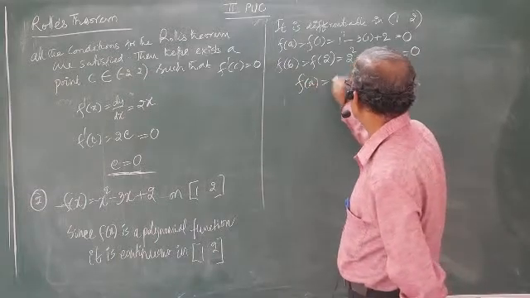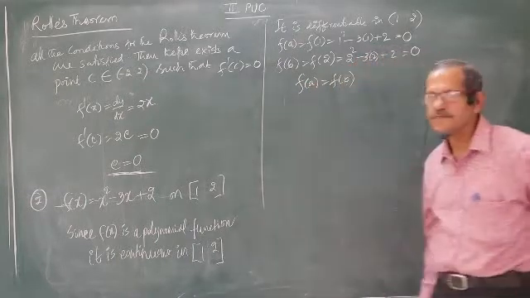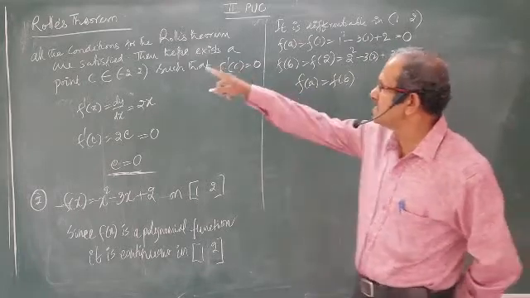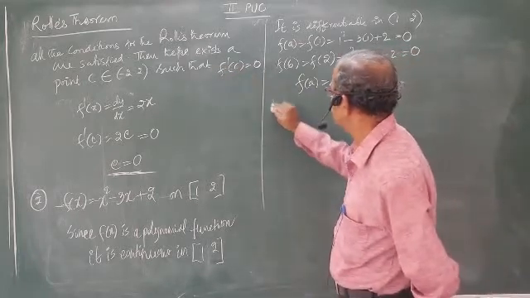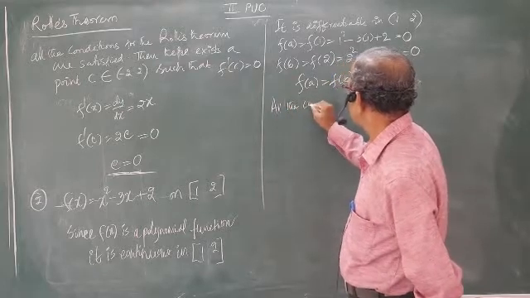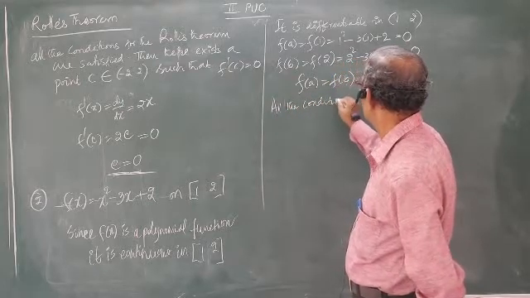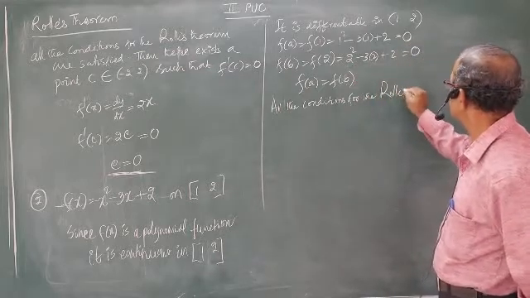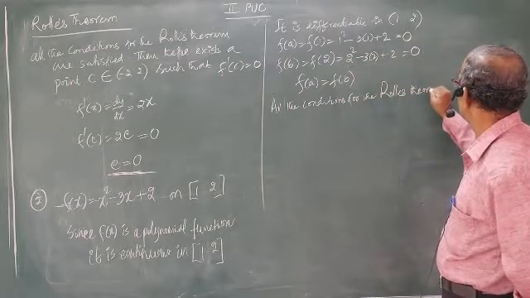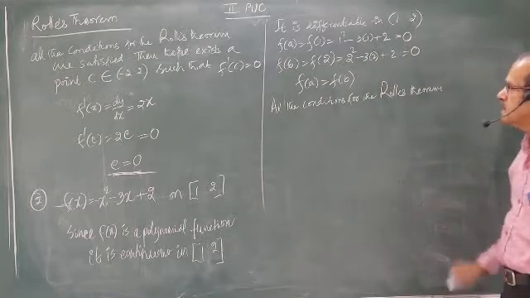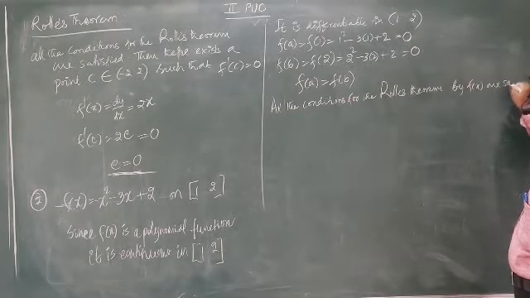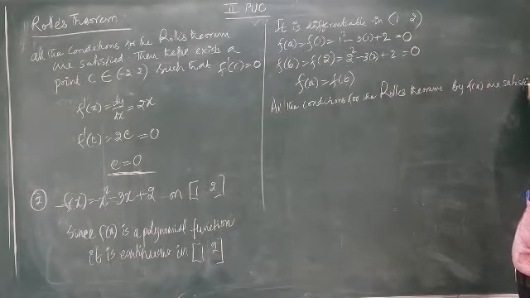Clearly f of A equal to f of B. All the conditions for the Rolle's theorem are satisfied by f of x.